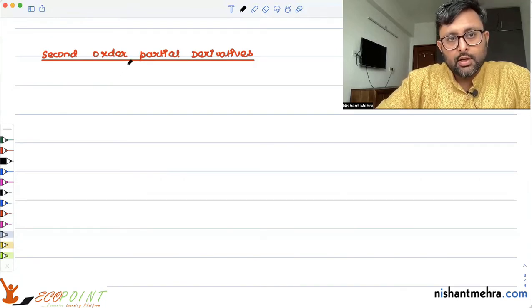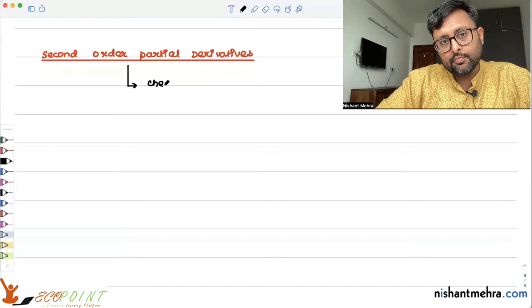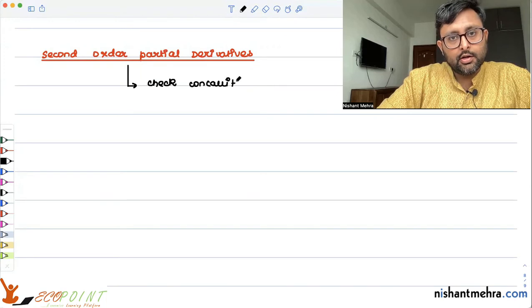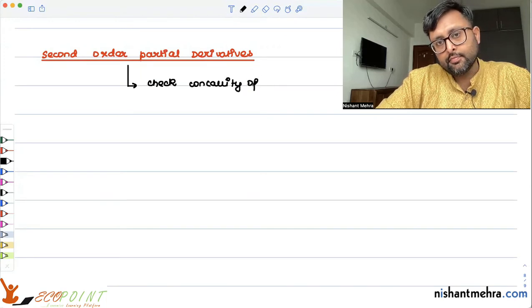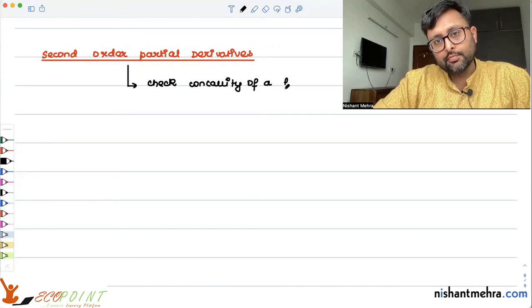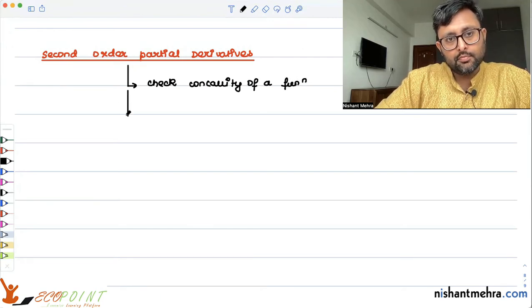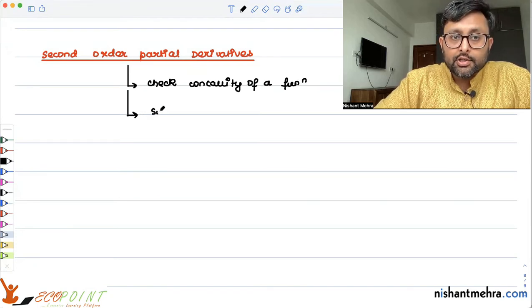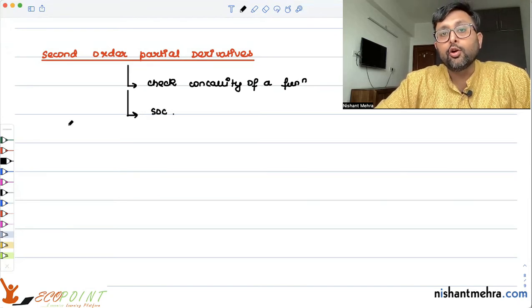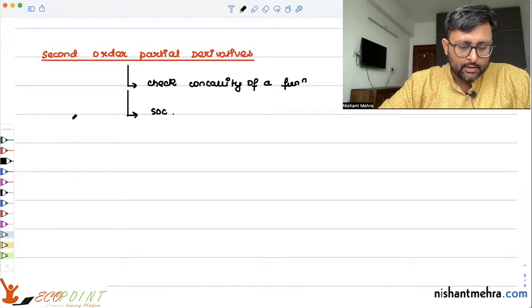So these are important. To check concavity of a function. To check second order conditions, whether they are holding or not. So I'll be telling you about that.